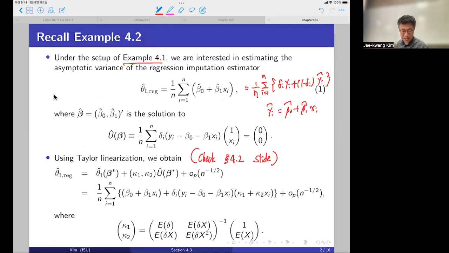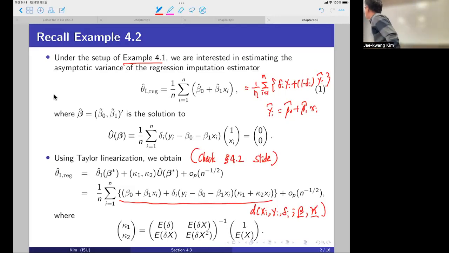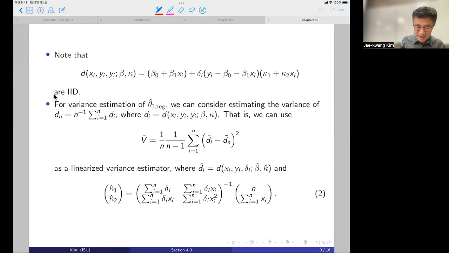So now here, let's first write it as d(xi, yi, delta i), right? This is a function of xi, yi, delta i, and the parameters, which are beta and kappa. So we can write it this way. And then notice that they are IID. Why?